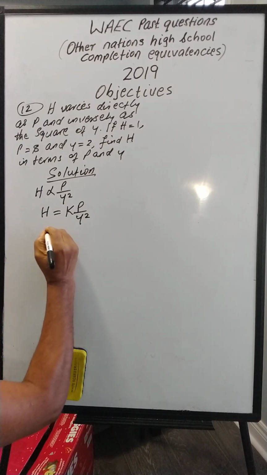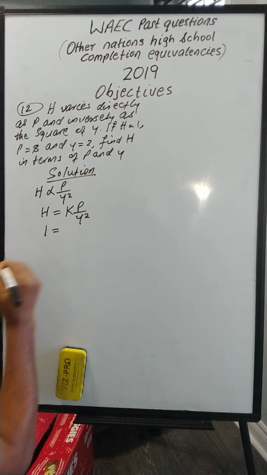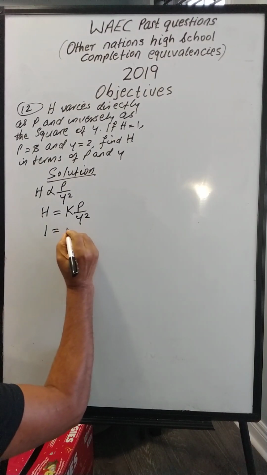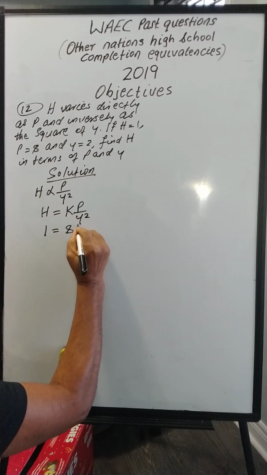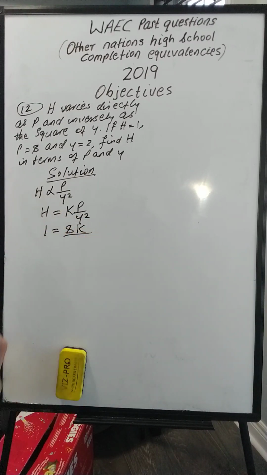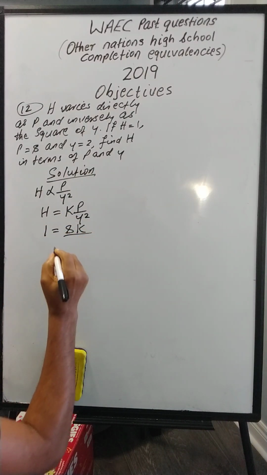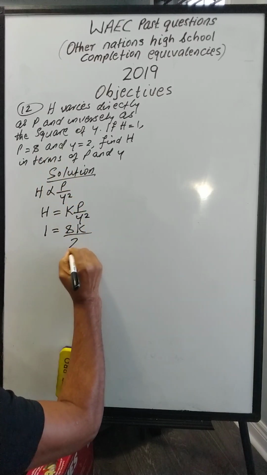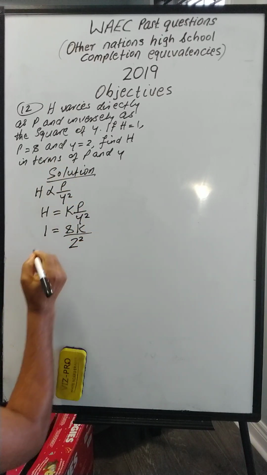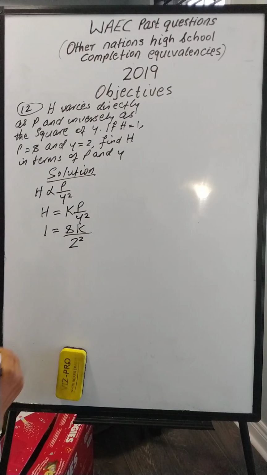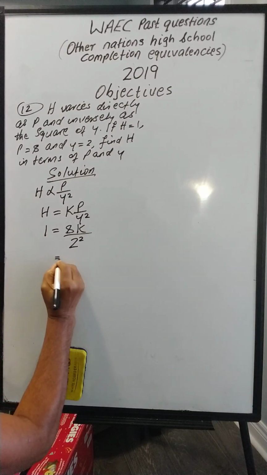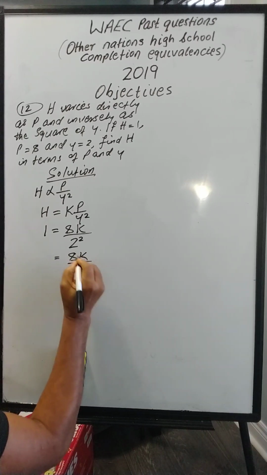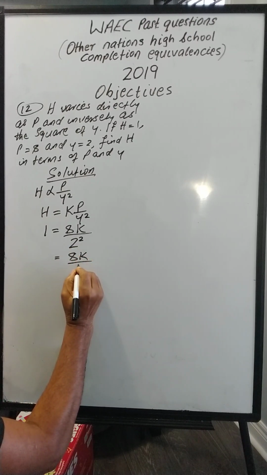We substitute 1 for h, equals p, which is 8, times k, and y we are told is 2, squared. We now go on. This is 8k. 2 squared will give us 4.